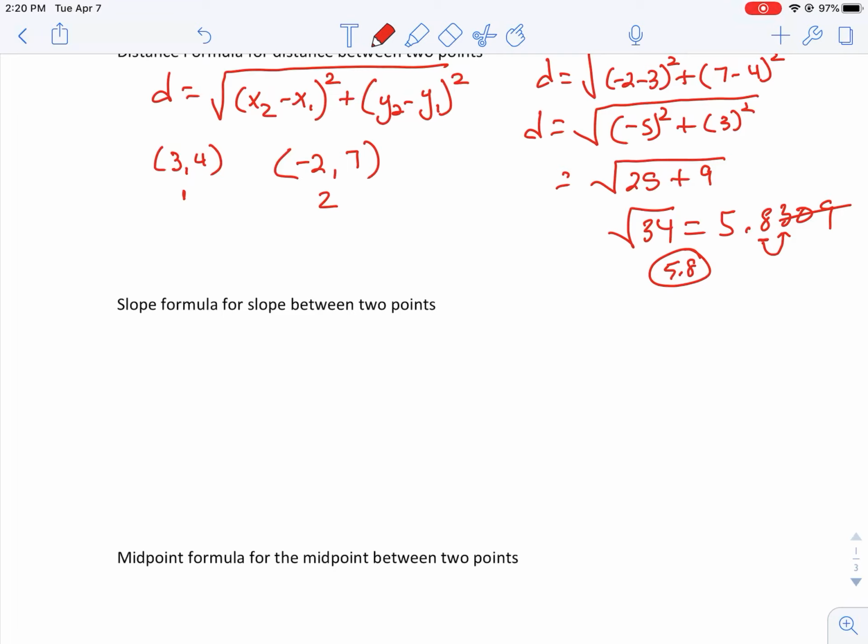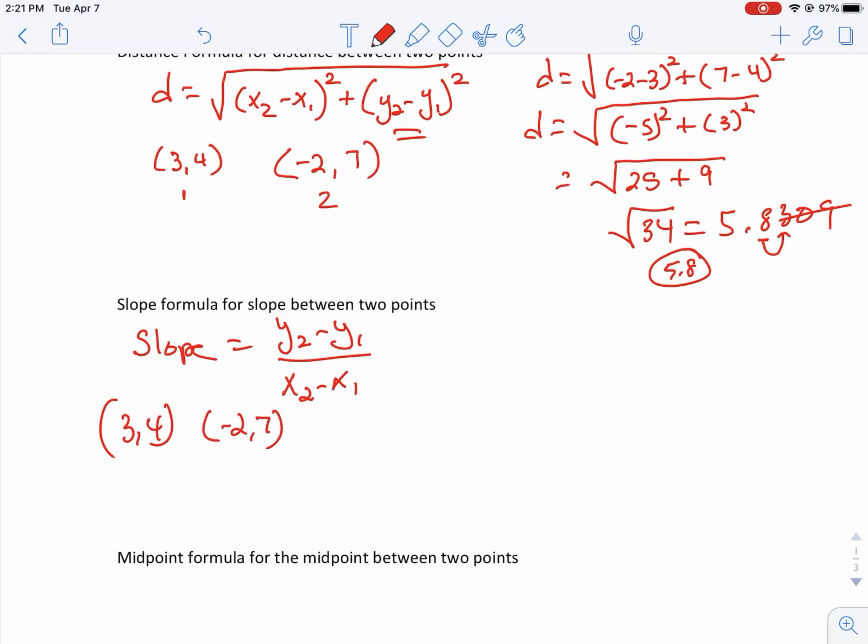So now let's find the slope between these same 2 points. If you remember, the slope formula is y2 minus y1 over x2 minus x1. If we use 3, 4, and -2, 7, let's take a look.